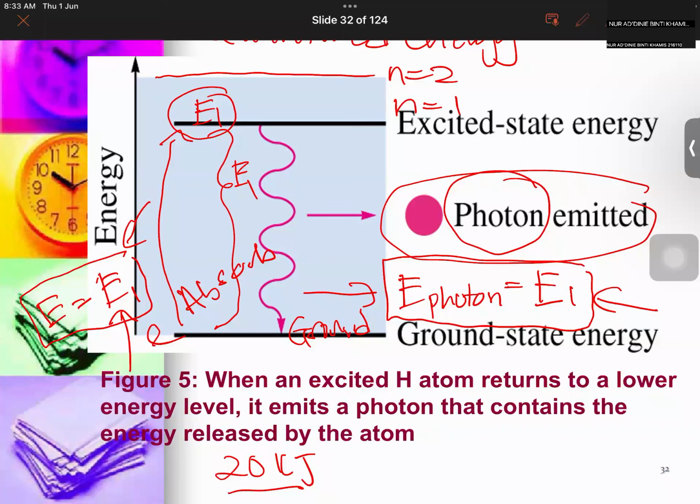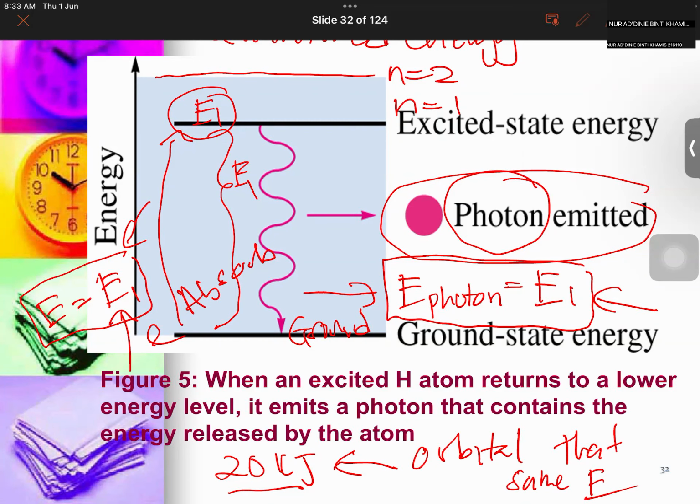No, no. By the concept of quantization of energy, if you provide 20 kilojoule, it only goes to the orbital that has the same energy. It cannot go beyond n equal to 1, for example. And the same goes when it goes down, it will release the same amount of energy.